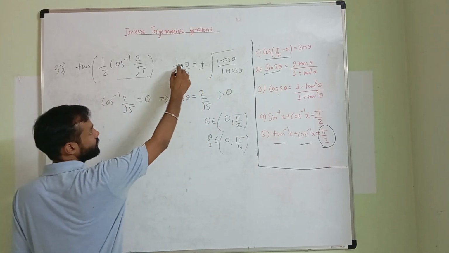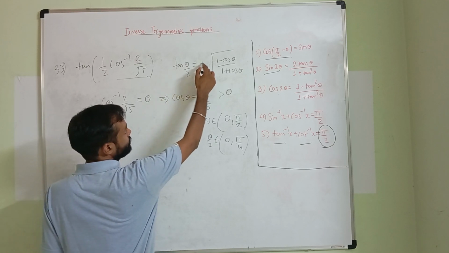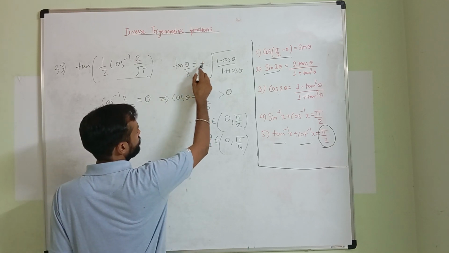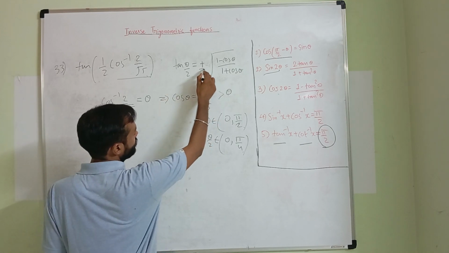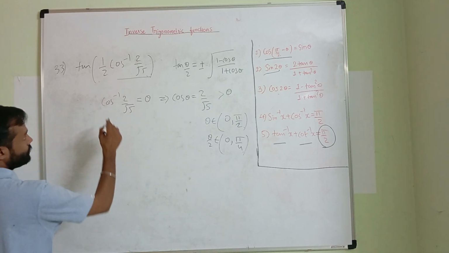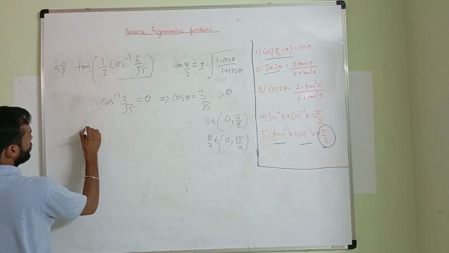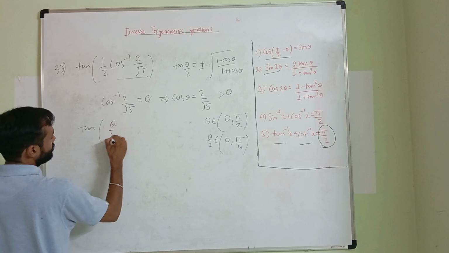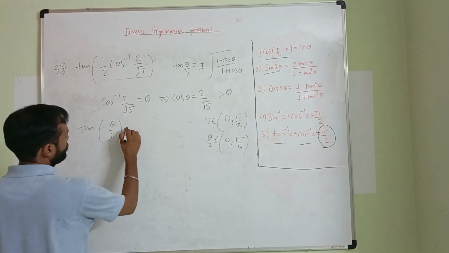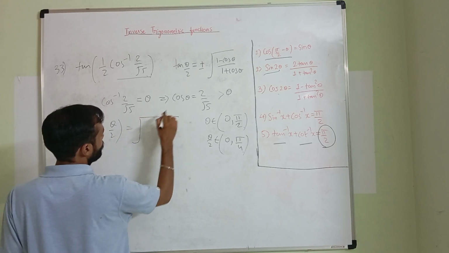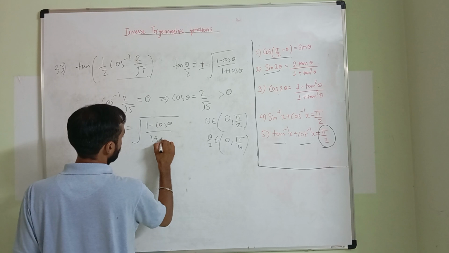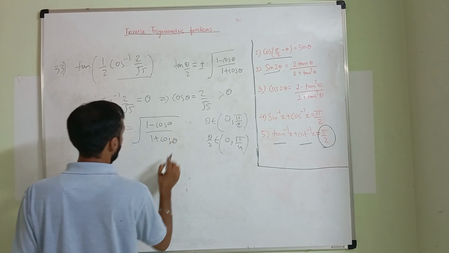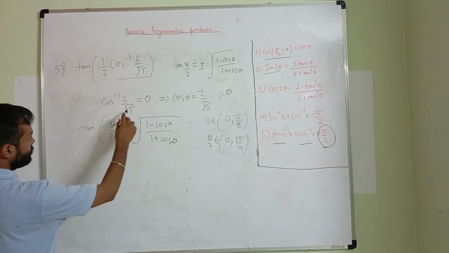Hence in place of tan theta by 2, it is plus or minus given, and now in our solution, we will take only the positive value. So tan theta by 2 will be equal to the positive value, that is under root of 1 minus cos theta upon 1 plus cos theta. In place of cos theta, we will write 2 upon under root 5.